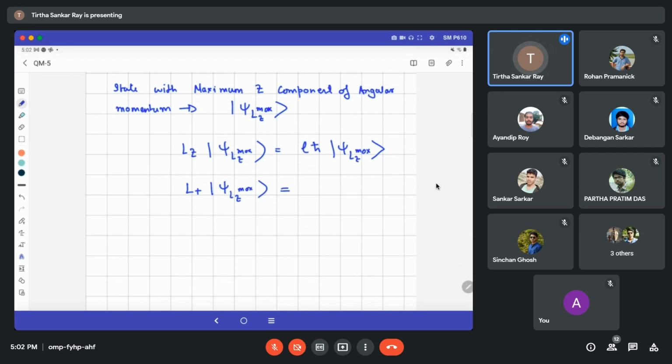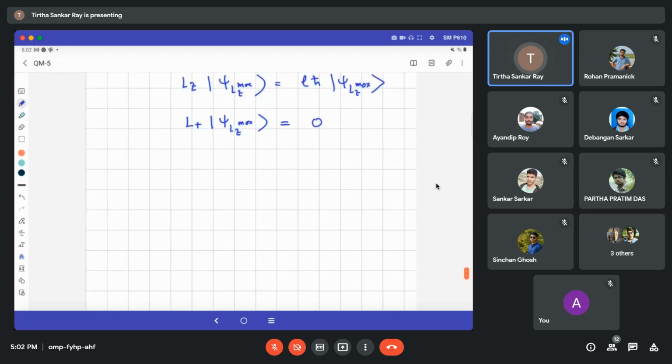So the only possibility is that it becomes 0. Or at least you go to a state which is no longer a part of your Hilbert space, which means that it is no longer square normalizable. But let's not go into that nitty-gritty. What we are saying is that if you want to stay in the Hilbert space in which quantum mechanics is well defined, L plus of psi Lz max does not belong to the set of states inside the Hilbert space, so you can basically consider it to be 0.